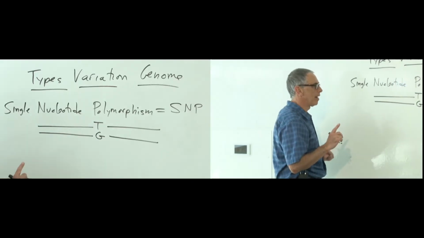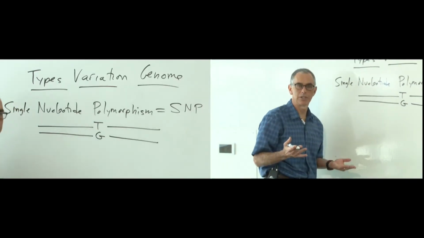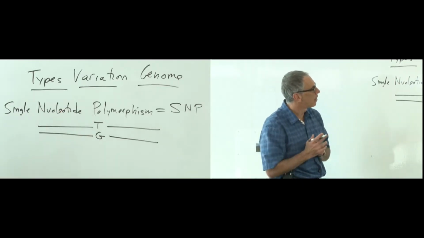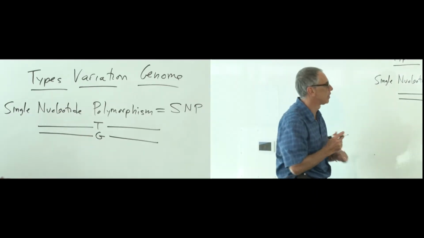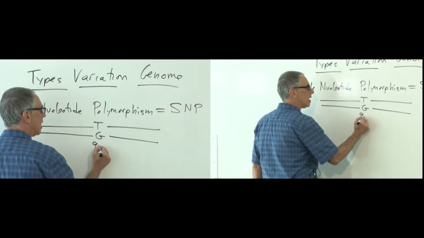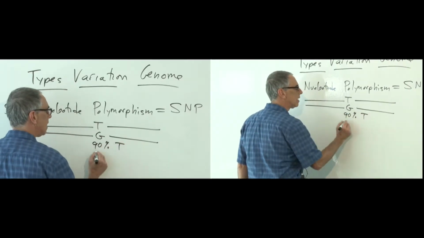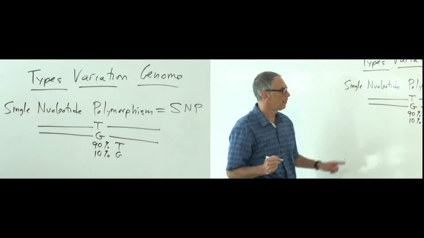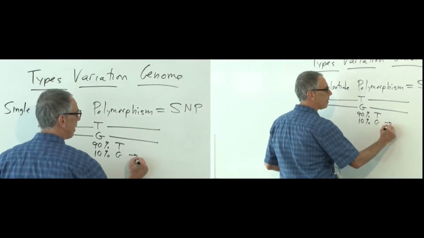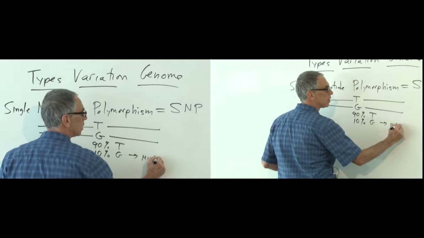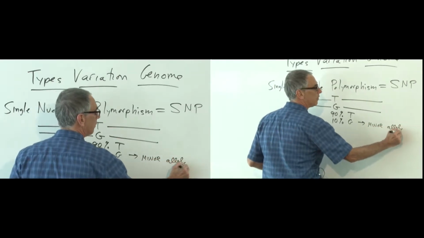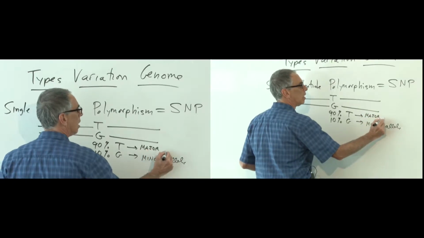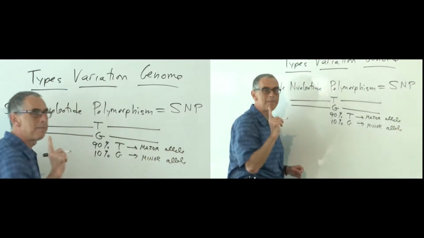So what do I mean by that? We might look at a population of humans. We might sequence or test their DNA at this position, and we might find that 90% of people have a T and 10% of people have a G. Therefore, we would call G the minor allele because it's the smaller in frequency, and we could call T the major allele for that population.